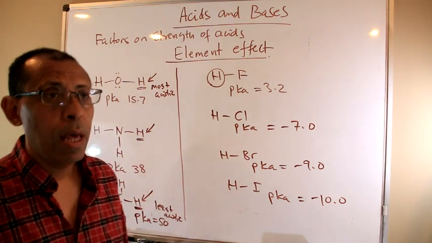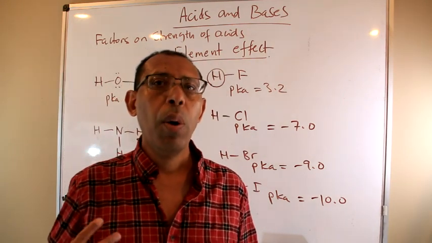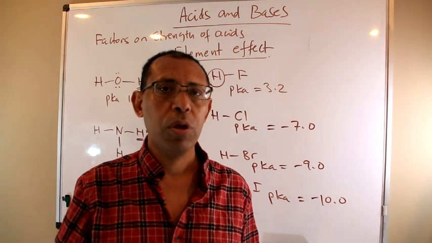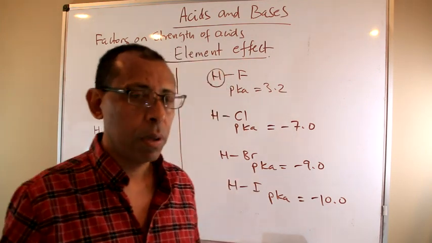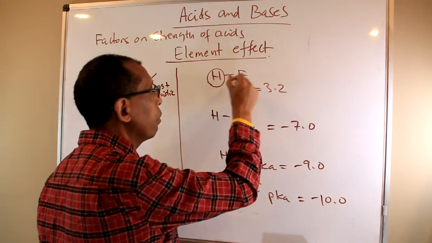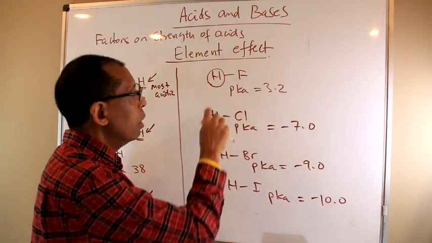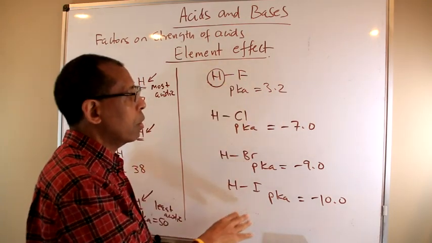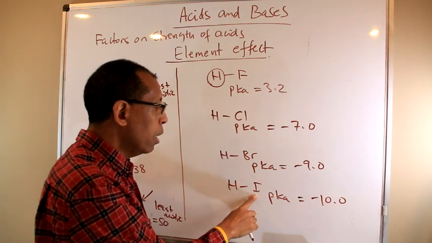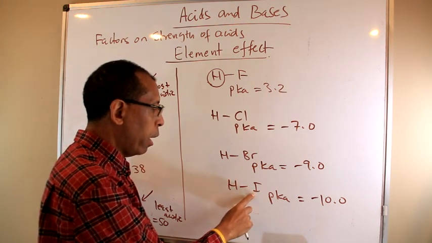So the element effect is, one, how electronegative the element is. Second, how large the atom is, so that the negative charge would be distributed on the surface of that conjugate base. For example, for hydrofluoric acid, pKa is 3.2. In this case, it's not based on the electronegativity scale, but how comfortably the negative charge would reside on the conjugate base. The strongest acid is hydroiodic acid.